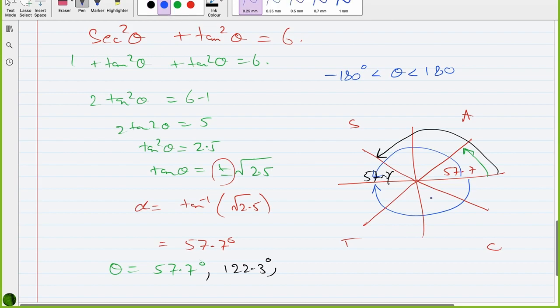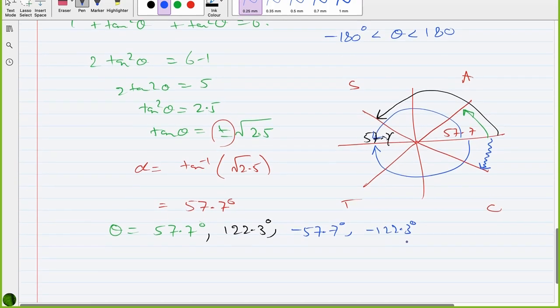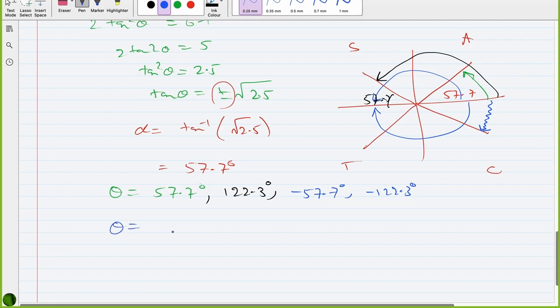For the third angle, let me say this is the third angle, that is straight away negative 57.7 when we go clockwise, and so on, negative 122.3. One last line and we can rearrange them: negative 122.3 degrees, negative 57.7 degrees, 57.7 degrees, and 122.3 degrees. Any confusion?